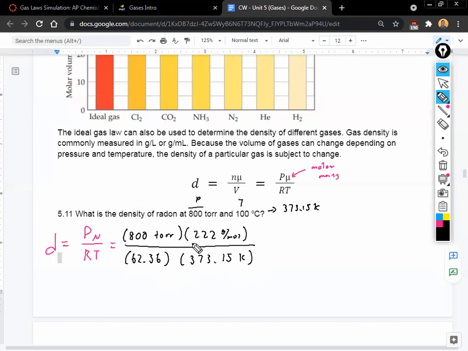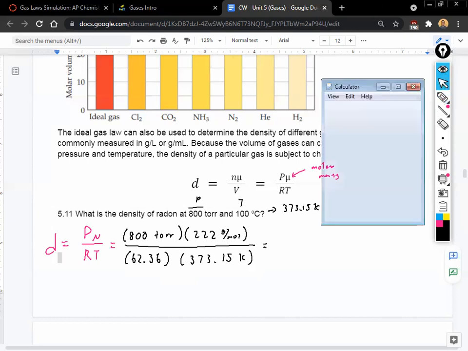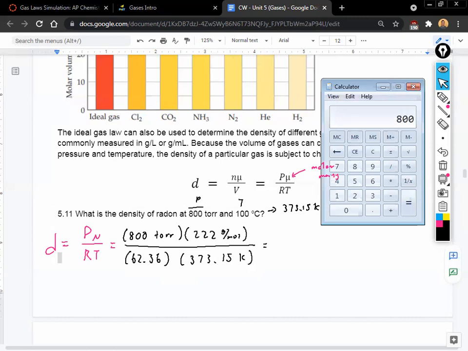Okay, so we're gonna start solving this now. And so what we're gonna do is we're gonna plug and chug into the calculator. So we have 800 on the top, multiplied by 222. We're going to divide that by 62.36, divided by 373.15. And then for our number, we're going to get 7.3632.